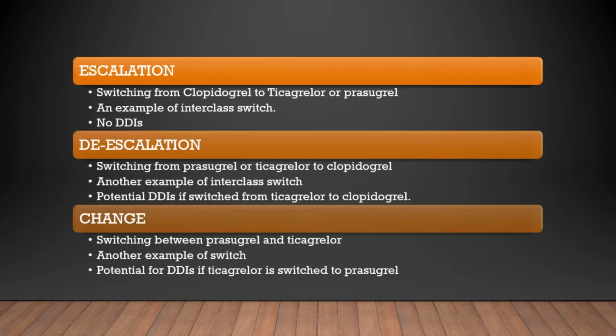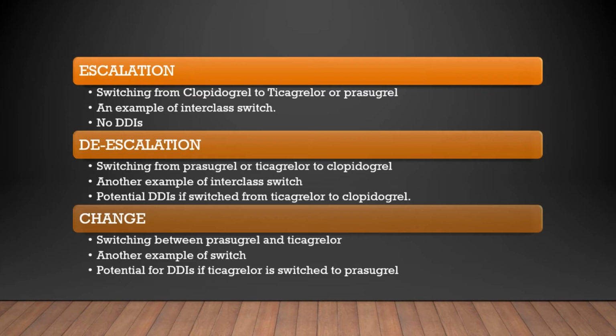Okay, so what is escalation? Escalation is switching from clopidogrel to ticagrelor or prasugrel. That is, you are switching from a less potent to a more potent agent. This is an example of interclass switch, and generally it is thought that this type of switch has no drug-drug interactions.